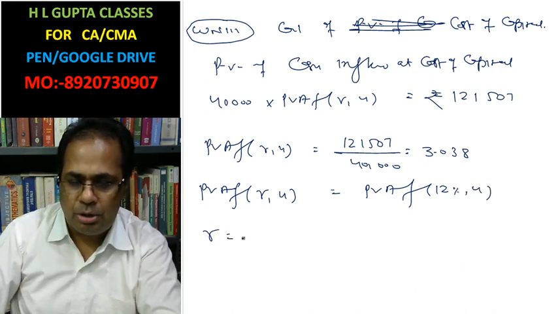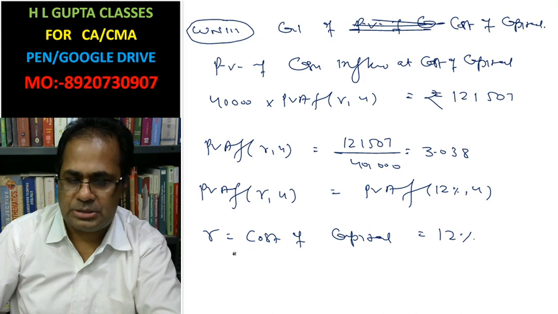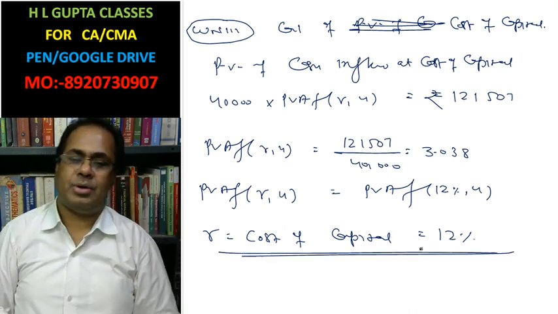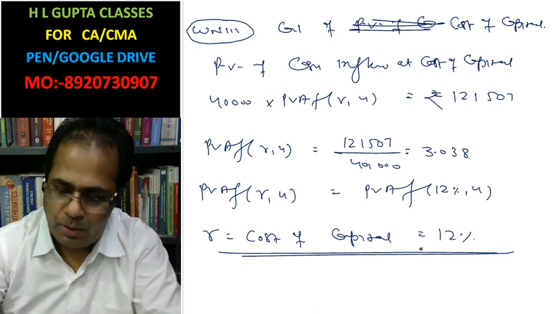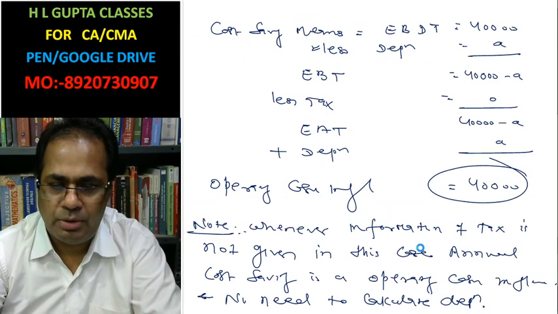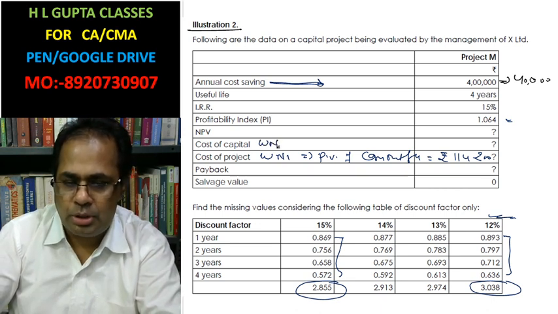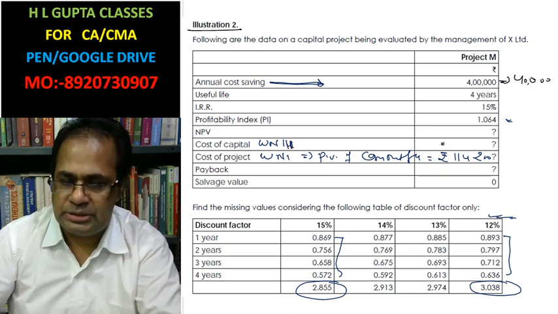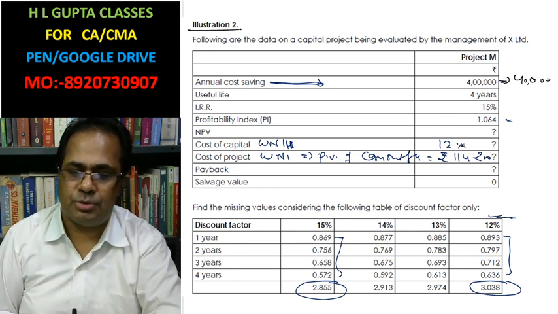Hence R equal to cost of capital, that is 12%. Now we have calculated cost of capital, this is the working note 3. This is 12%.